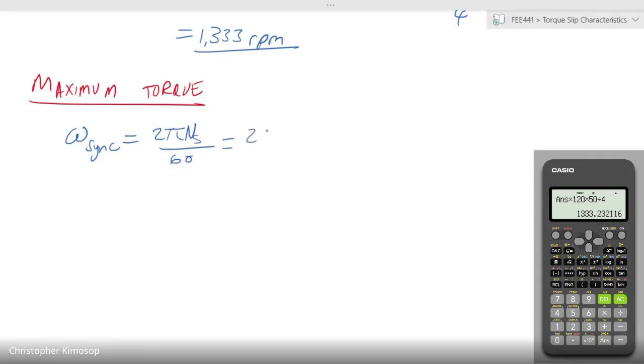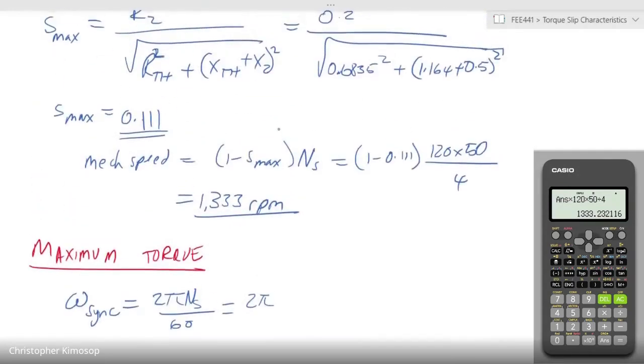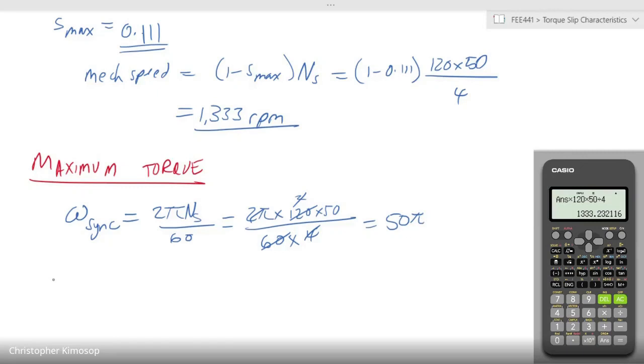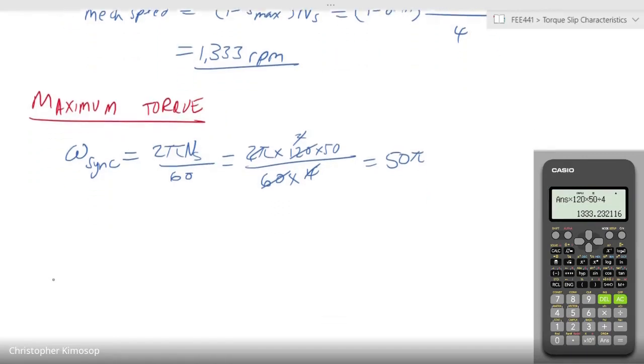NS was actually calculated, so let's plug it in: 2 pi times 120 times 50 over 4 times 60. We can do a bit of cancellation. It's actually 50 pi. We can keep it like that. We don't need to fully calculate it.